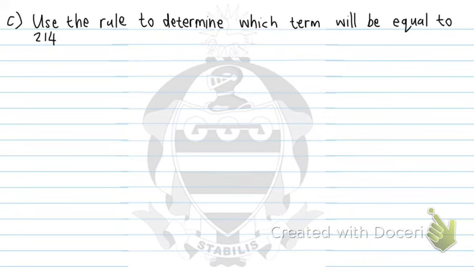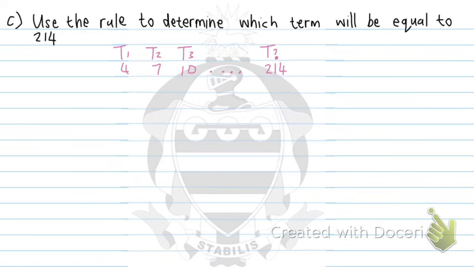Then the last question that I can get is, use the rule to determine which term will be equal to 214. We had term 1 was 4, term 2 was 7, term 3 was 10, and so we went on, and they want to know which term will be 214.